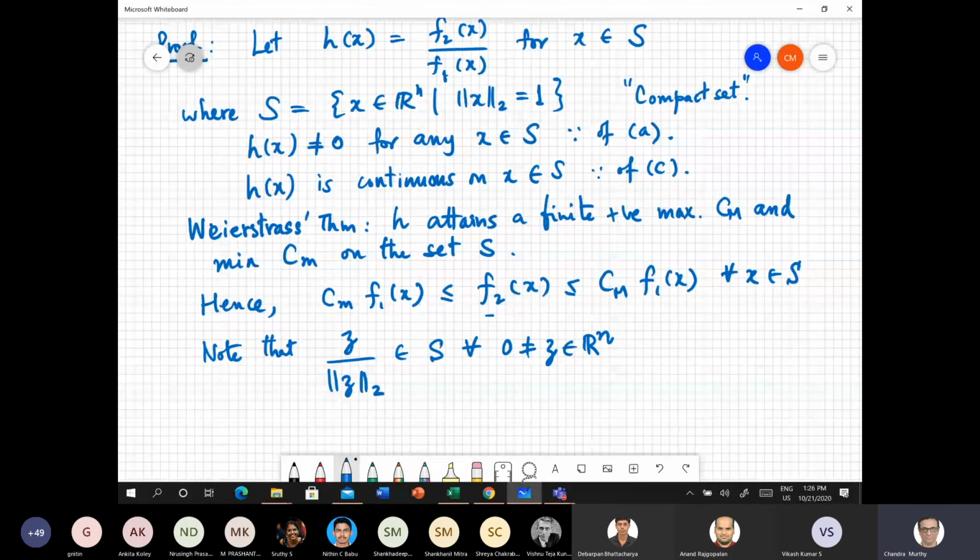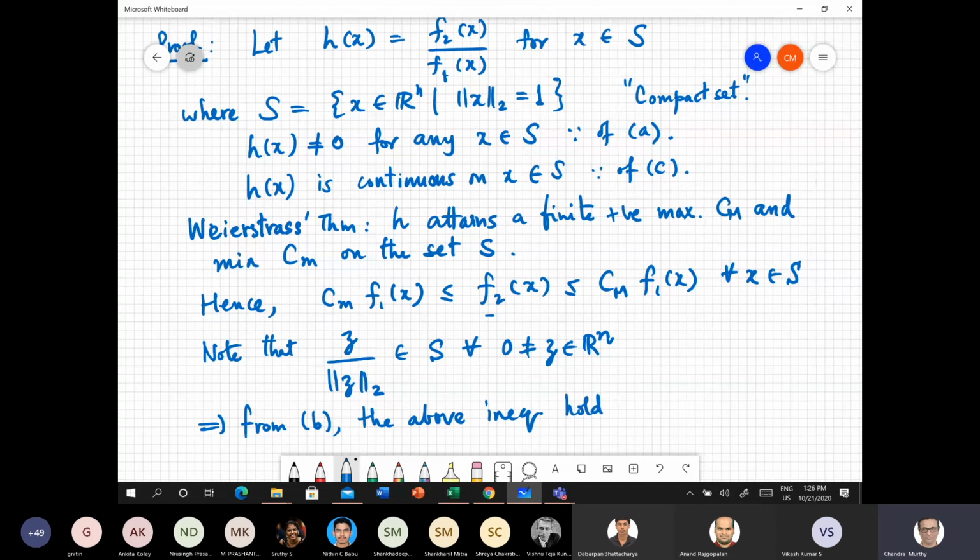So from B, the above inequality holds for every non-zero z belonging to R to the n.